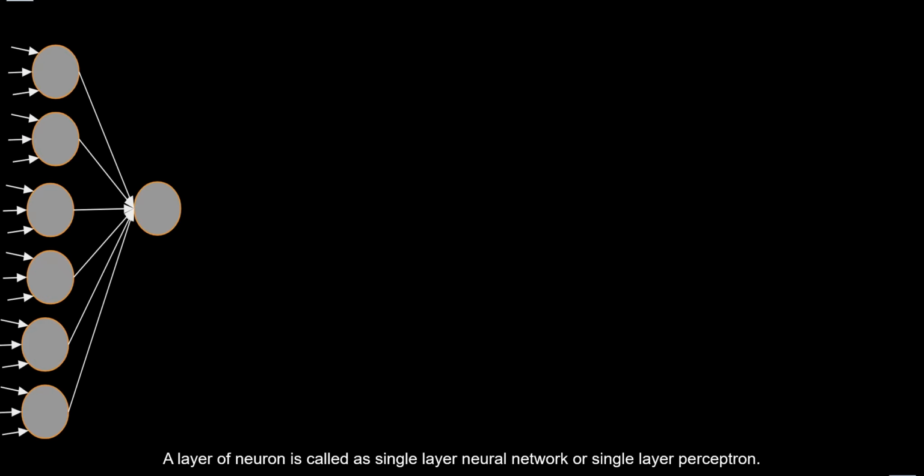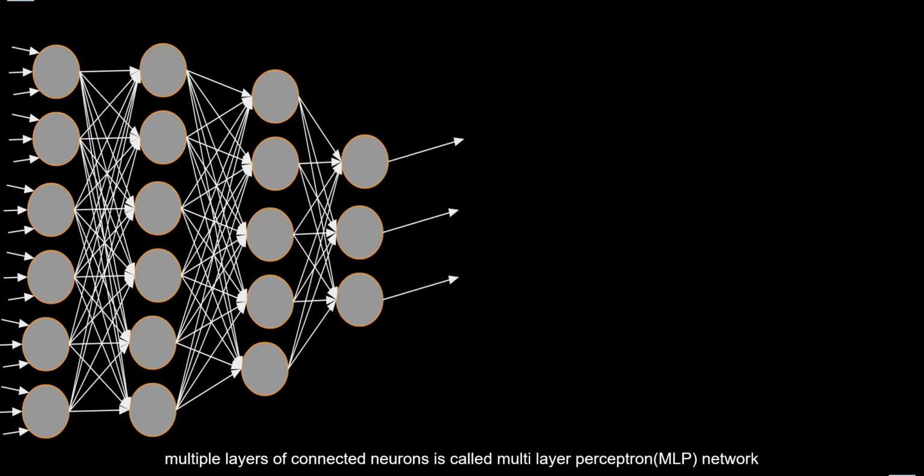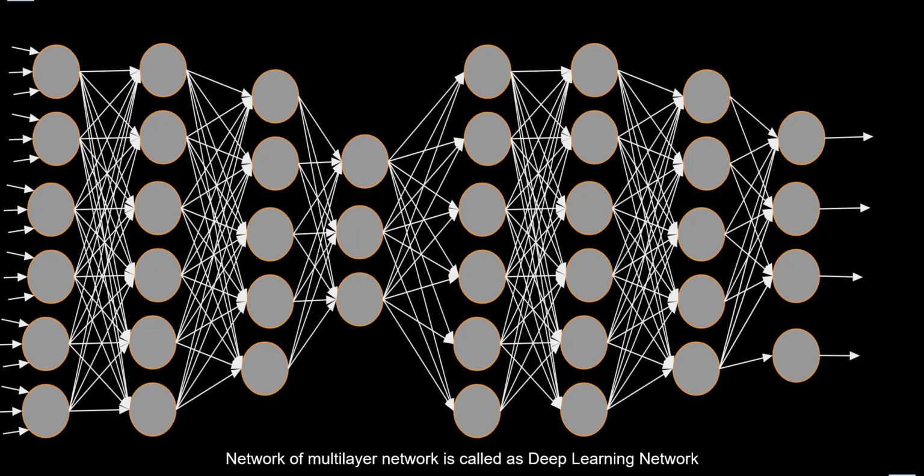A layer of neurons is called a single layer neural network or single layer perceptron. Multiple layers of connected neurons is called a multi-layer perceptron network. A network of multi-layer networks is called a deep learning network.